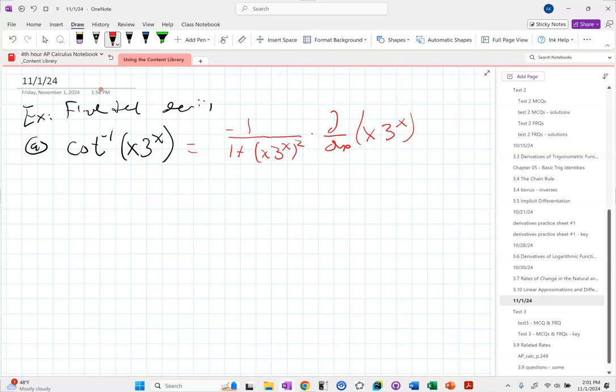All right. So to do the derivative of x 3 to the x, we have a product rule. So I'm going to have x times the derivative of 3 to the x plus 3 to the x times the derivative of x, right?